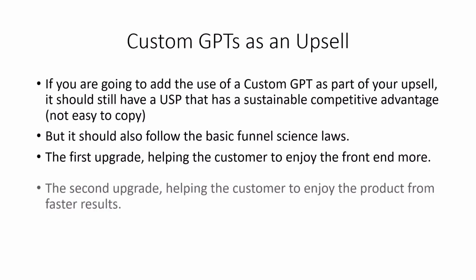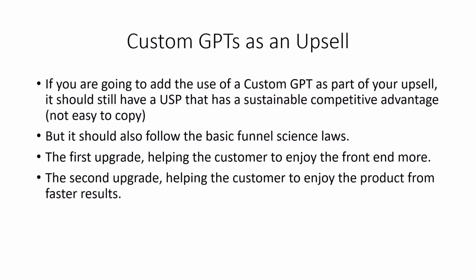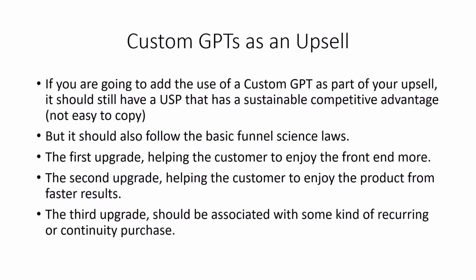The second upgrade, you want to help the customer to enjoy the product and get faster results, right? That's the second upgrade. The third upgrade should be associated with something they've got to come back to you for, some kind of continuity purchase, right? That's the third upsell. So when you add a GPT, you need to make sure that it's following those funnel science laws.